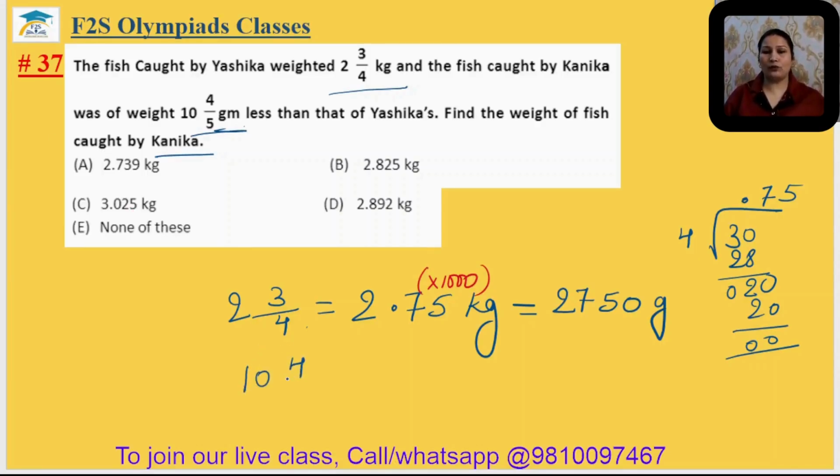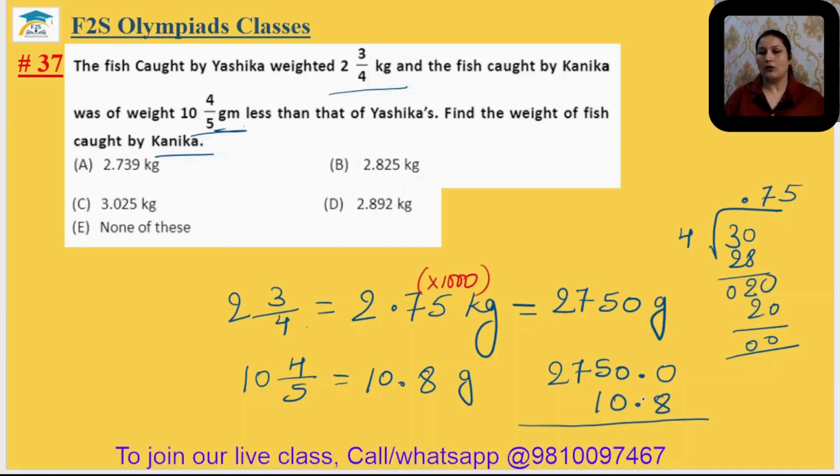Now 10 4 by 5, if we convert it to a decimal, 5 eights are 40, so it will be 10.8 gram. Now subtract both of them. 2750.0, because there is no decimal number, so we can put 0. Now 10.8. The point can be written below the point only in addition and subtraction. 10 minus 8 is 2, 9, decimal, and then 4 minus 1 is 3, 7, 2. 2739.2 gram.